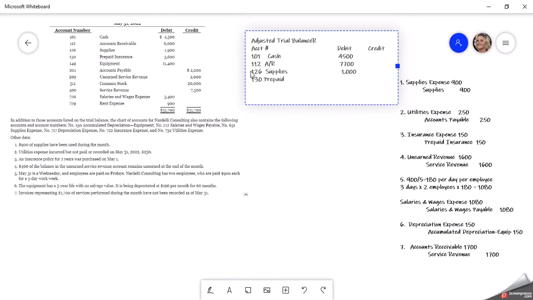And our prepaid insurance, we just amortized out 1 month. So if we come over here, we just reduced it by $150. So it went from the 3,600 that it was here, and then we reduced it by $150. So then our prepaid insurance goes down to $3,450.